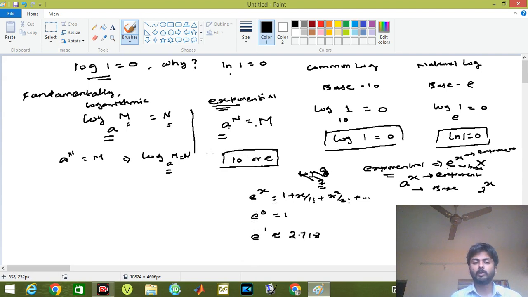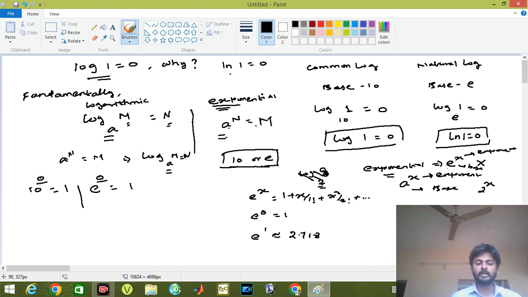Now my a is either 10 or e. So if I want this 10 power something to become 1 and this e power something equal to 1, definitely you know that this 10 should have the exponent as 0 and this e should have the exponent as 0 to get 1 as the result.